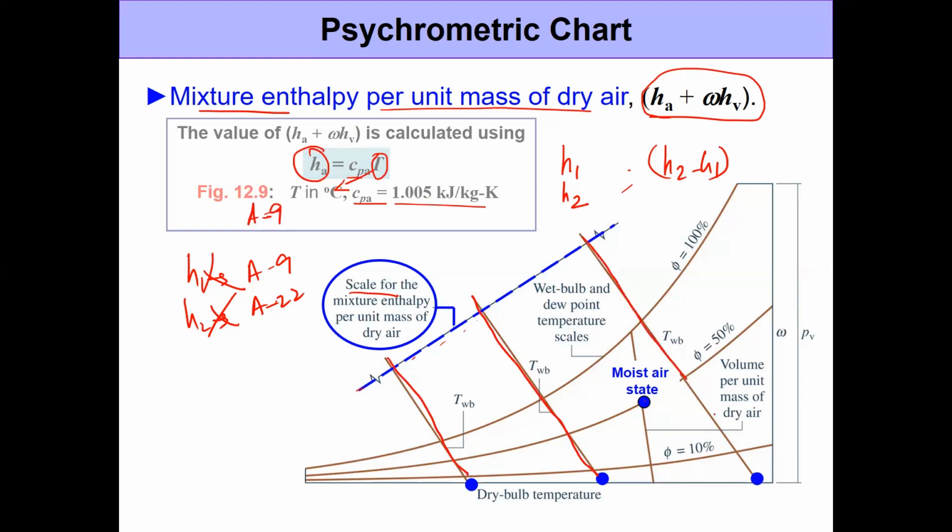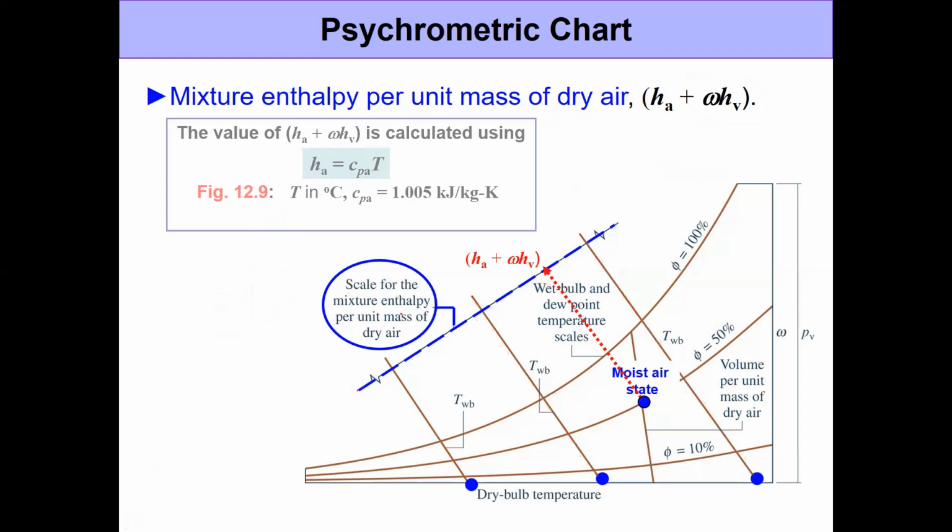So if you want to find the mixture enthalpy for this moisture state, you just have to draw a line parallel to any of these constant enthalpy lines that meets this axis. The point where it meets is basically the value for the mixture enthalpy at that state. This is how you would determine the mixture enthalpy for this particular state. For any other state, you do the exact same procedure.